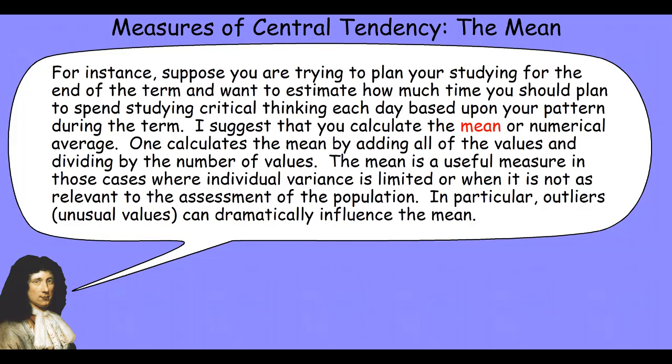You calculate the mean by adding all of the values together and then dividing by the total number of values or data points. The mean is a useful measure of central tendency in those cases where individual variance is limited or when it's not relevant to the assessment of the population. In particular, outliers, high or low or unusual values, can dramatically influence the mean in ways that isn't always good.